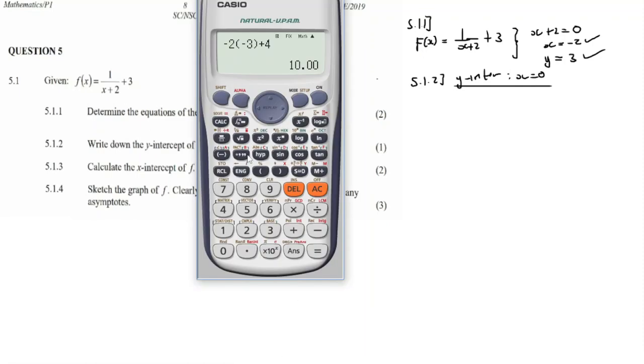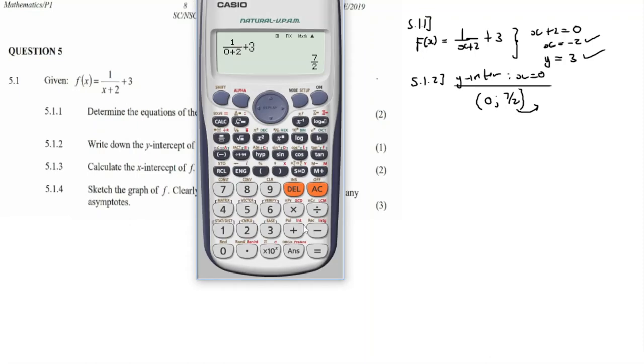So where there's x, you substitute 0. Calculating, where there's x plus 2 plus 3, we get 7 over 2. So our y-intercept is 0 because we let x be equal to 0, and then y is 7 over 2.